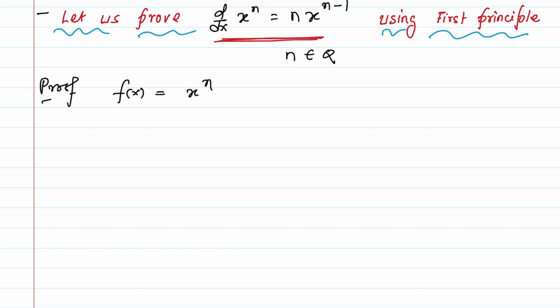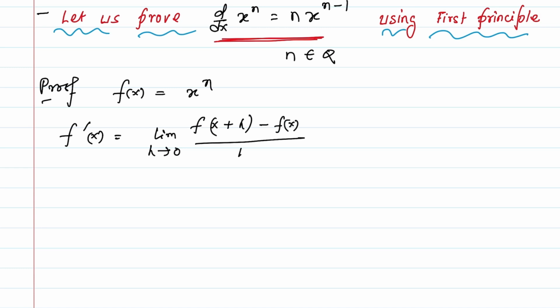According to the first principle, the derivative of this function is limit h tends to 0 of f of x plus h minus f of x, divided by h. That's how we find the derivative of a given function using first principle.